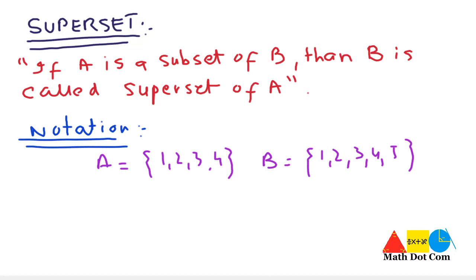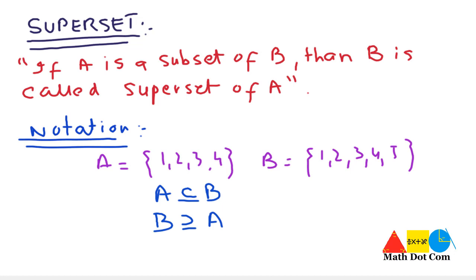The first condition you must check here is whether A is a subset of B. If A is the subset of B, yes, A is the subset of B here, then B is the superset of A.